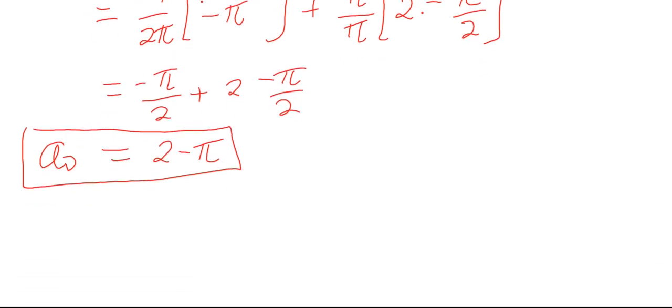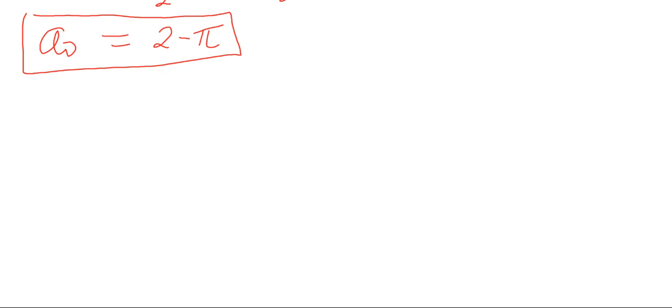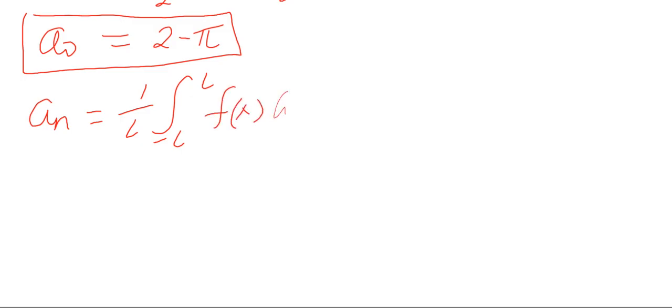We can now work out the value of an. The definition for an is 1 over L, integral from minus L to L, f of x, cosine of n pi x divided by L dx.